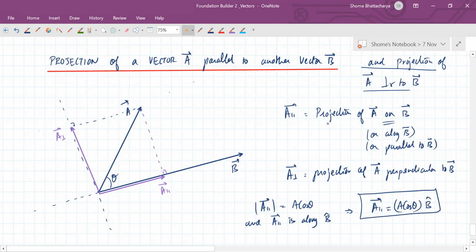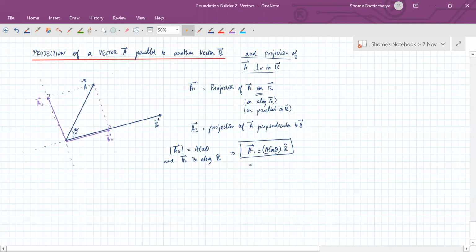And then how do we express this from the given vectors? We understand that this A cos theta term is nothing but A dot B divided by magnitude of B, and the B cap is nothing but vector B divided by mod of B. So this we know, so we now know how to calculate this.